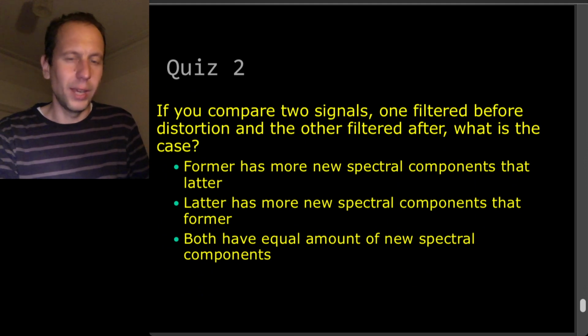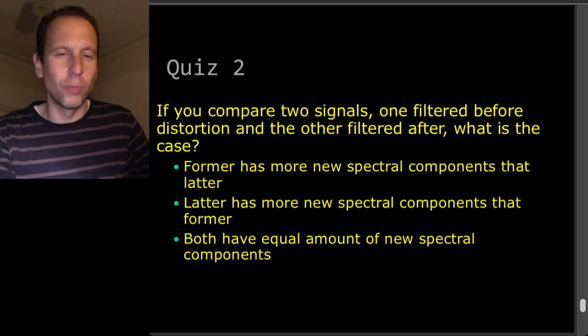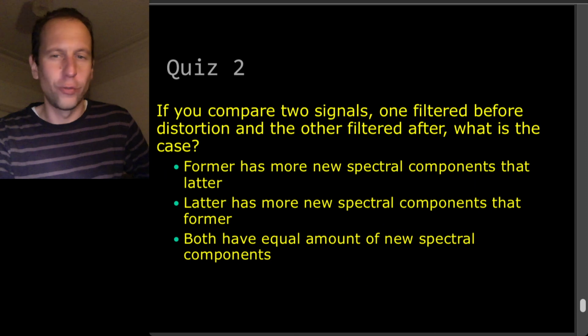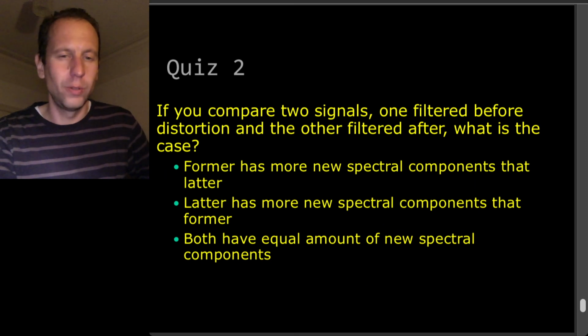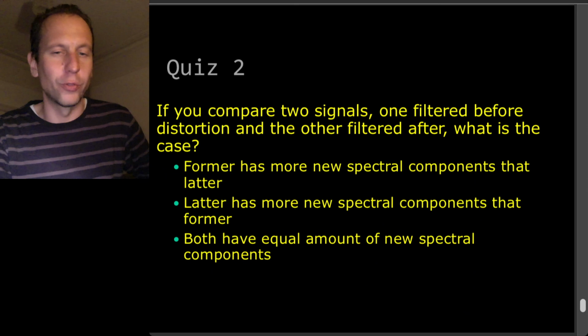So what is the case if it is filtered before distortion or filtered after distortion? We have one statement which says the former has more new spectral components than the latter. So the former is filtered before. Filtered after has more new spectral components than the former, or both have an equal amount of new spectral components.